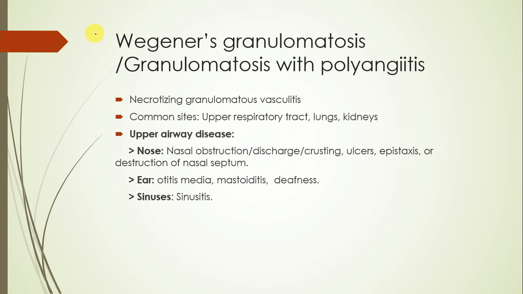Okay, now let's talk about Wegener granulomatosis. Sorry for the repetitions. There is an interesting story behind the naming of this disease. Mr. Wegener was a German pathologist who lived until probably 1990.